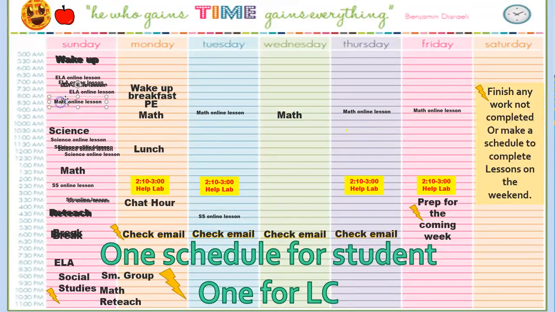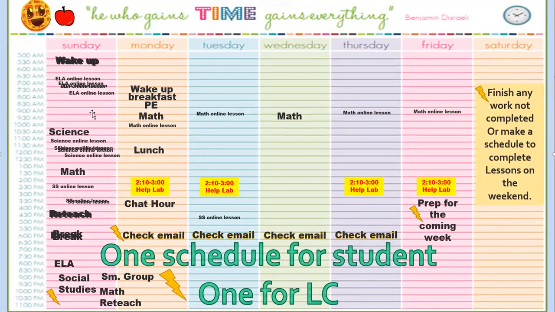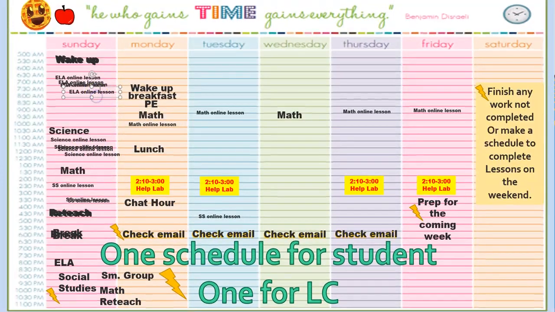So you're going to have a little bit more math on Monday and Wednesday, but you still need to schedule in the time that you're going to work on those math lessons. Okay? Same with science, ELA, social studies. You schedule around your Class Connects, and then you decide when you are going to do your actual lessons.